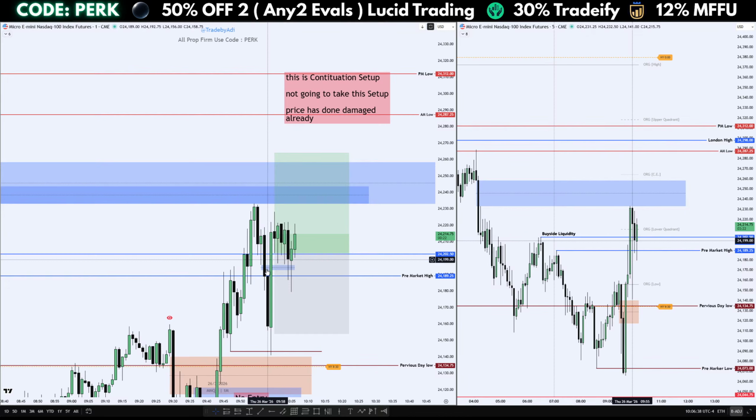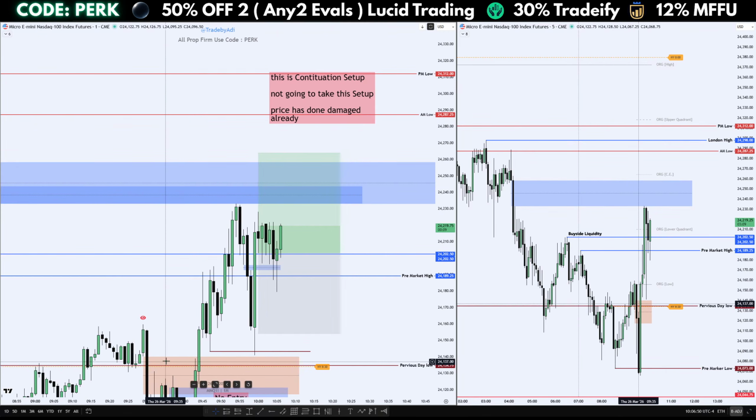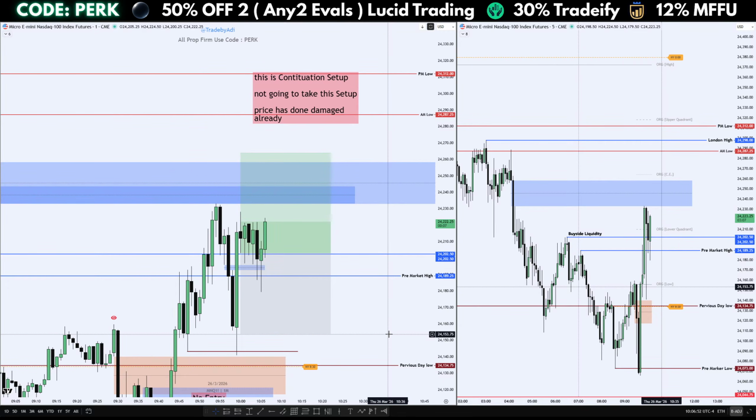We have created the displacement with the fair value gap, and we still have the target. If you ask me what is the target, the London high is the target, the opening range gap CE is the target. This is the failure swing. So we do have the target, but the thing is, I don't trade these setups. That's the only reason.